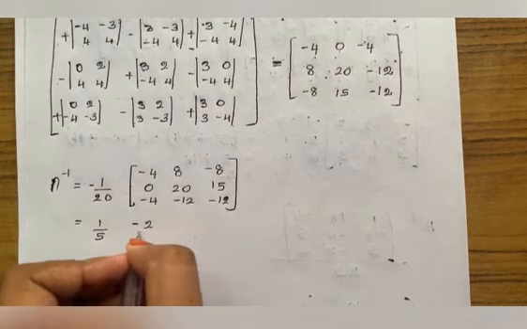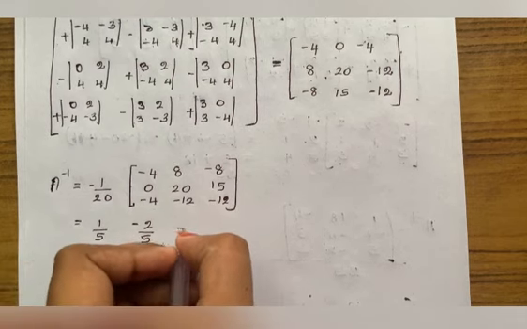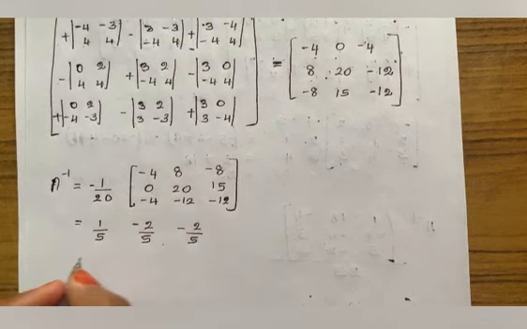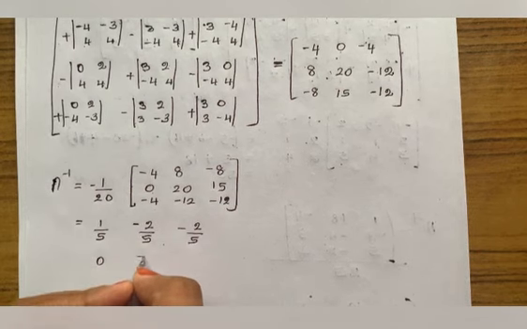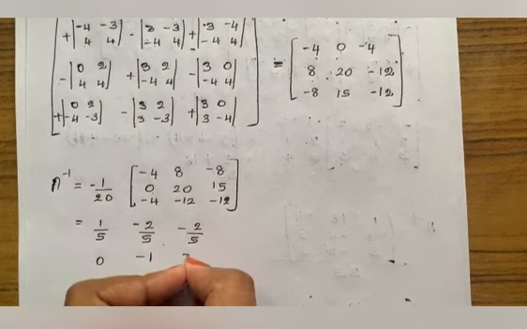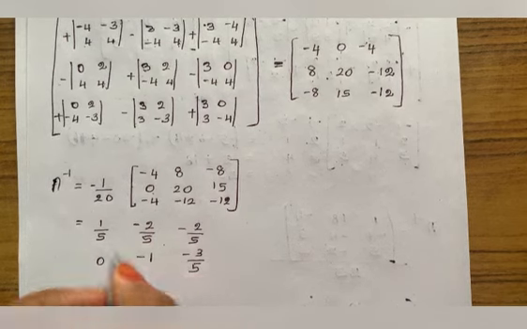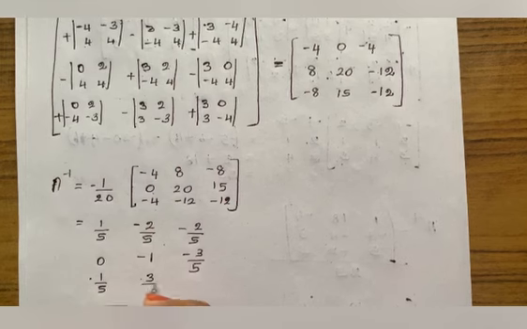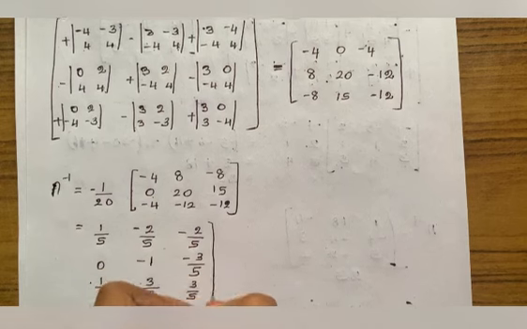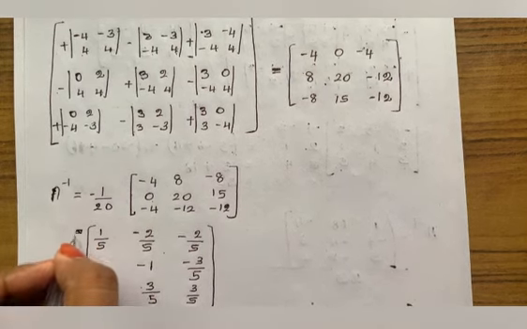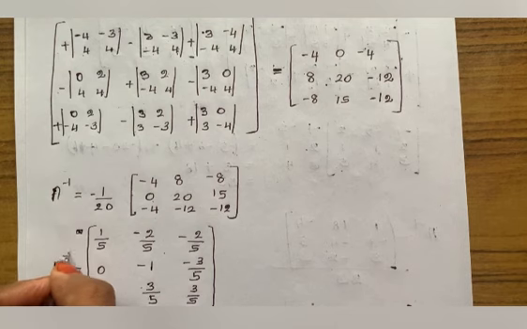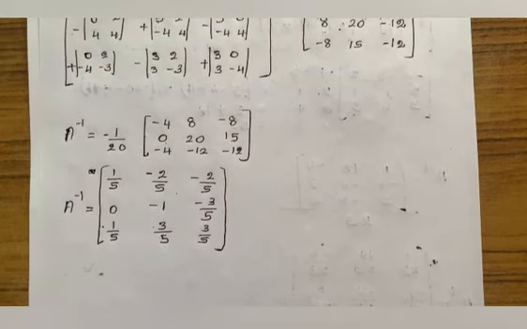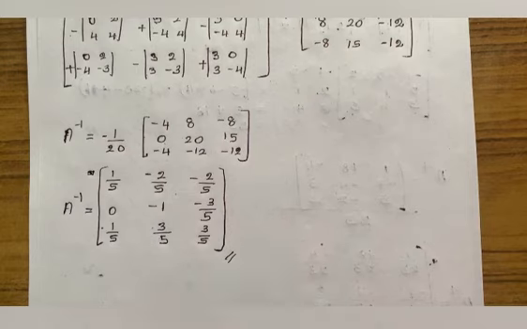So the first is 1 over 5, minus 2 over 5 and minus 2 over 5, and 0, minus 1 and 3 by 5, and the last one is 1 by 5, plus 3 by 5 and plus 3 by 5. Yes, this is the inverse of A. So for finding these, you can use the method to find the correct answers.